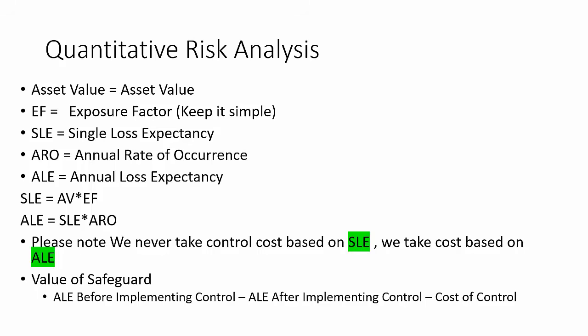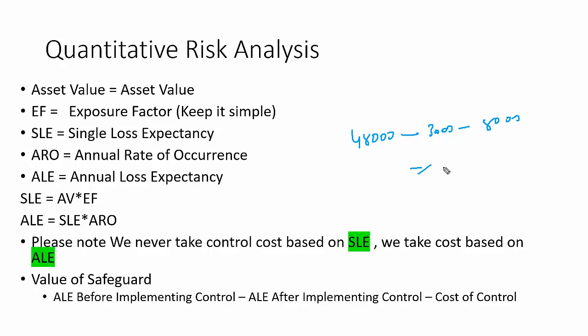The formula for that is ALE before implementing the control. Suppose in this case, the cost is around $48,000, minus, after installing the antivirus, it is reduced to, suppose, $3,000, minus the cost of antivirus, $8,000.